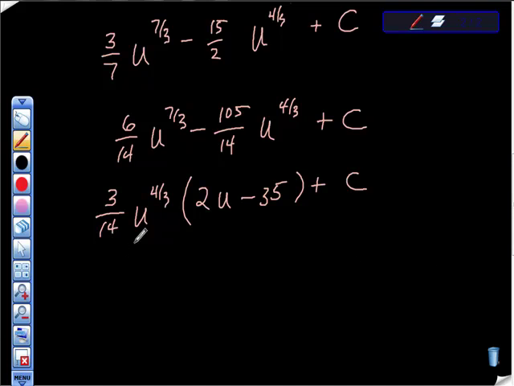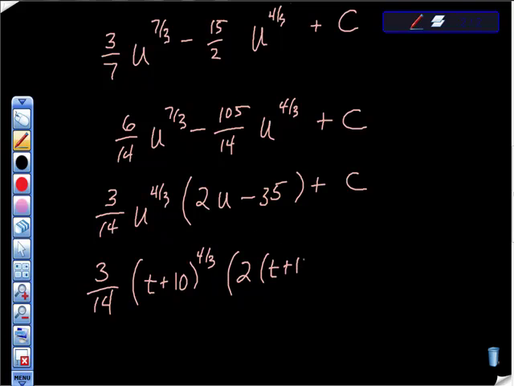Now, finally, we can resubstitute, and it gives us 3/14. The term we pulled out, t plus 10, is equal to u. I'm going to put that back in to the 4/3 power, times 2 times t plus 10, minus 35, plus c.